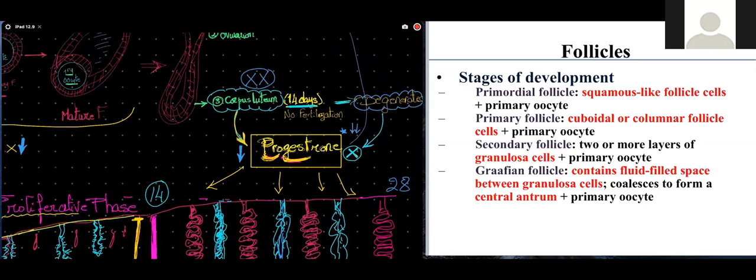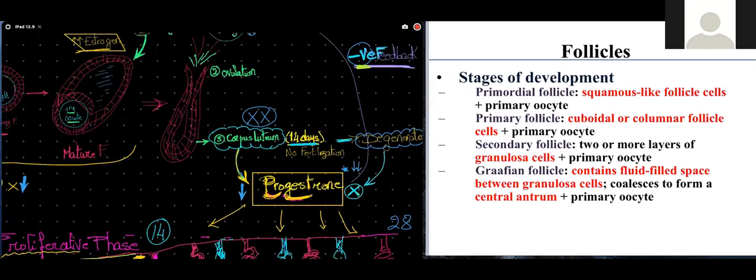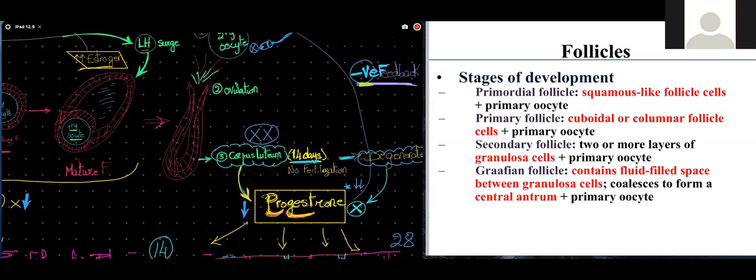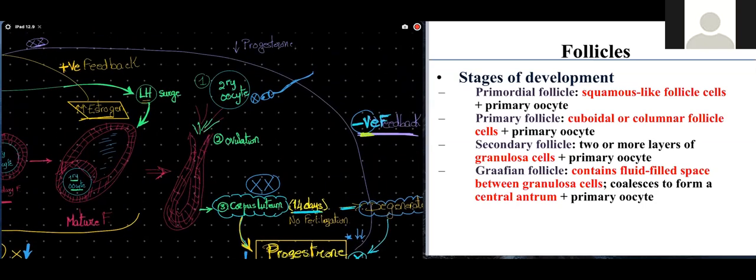What happens for this growing follicle? This mature follicle is going to be releasing large amounts of estrogen, which will have a positive feedback on my pituitary gland, enhancing the pituitary gland, this time to release LH.